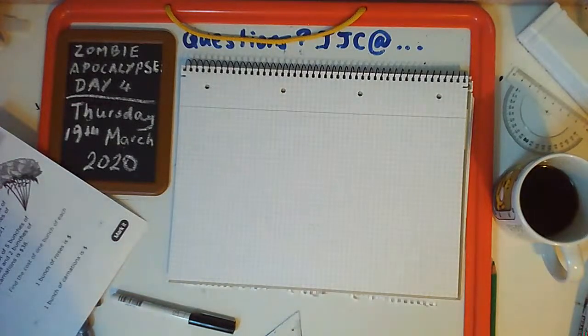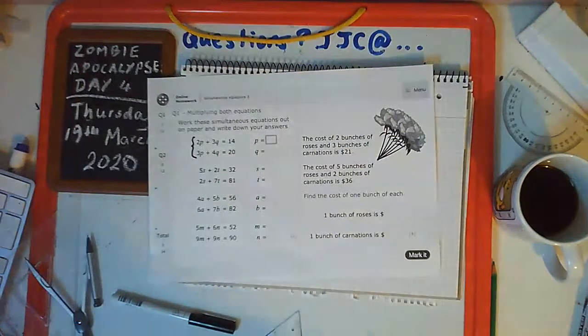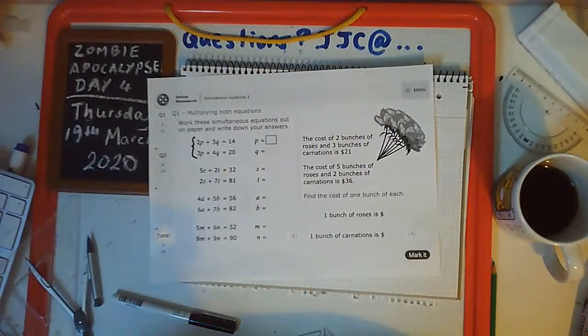Okay, so the cost of 2 bunches of roses and 2 bunches of carnations is $21.